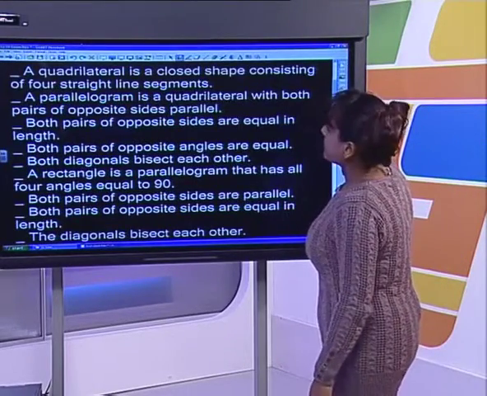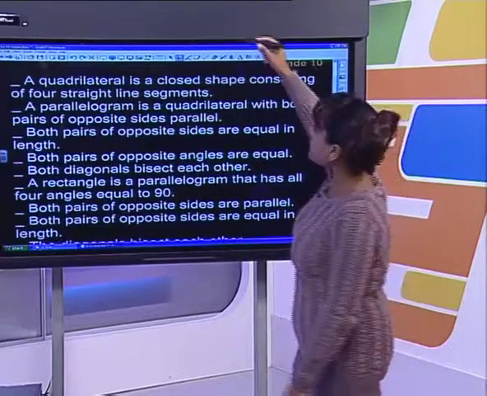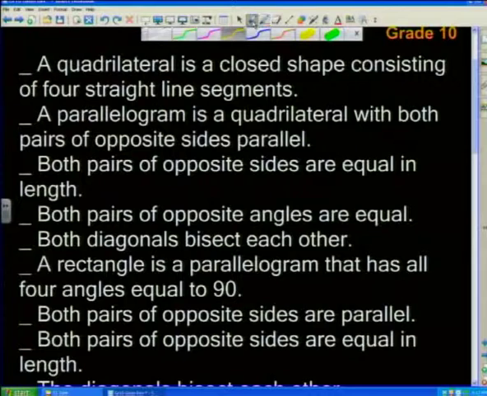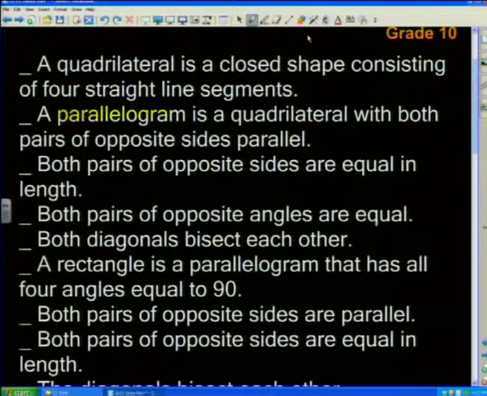So a quadrilateral, remember, is just a closed shape which consists of 4 straight lines that are basically bound or closed. All right, and there's special types of quadrilaterals that we looked at so far in geometry. We looked at a parallelogram. All right, and remember, a parallelogram had all of these special properties.